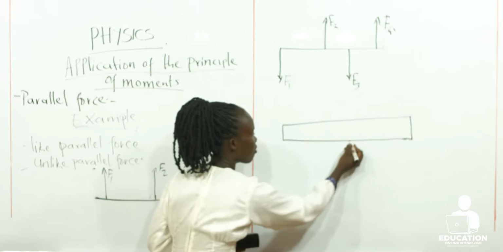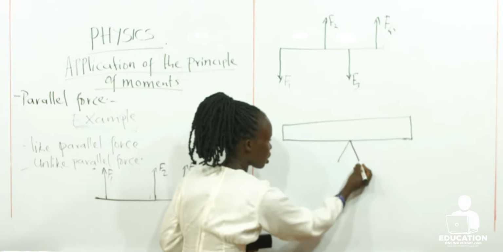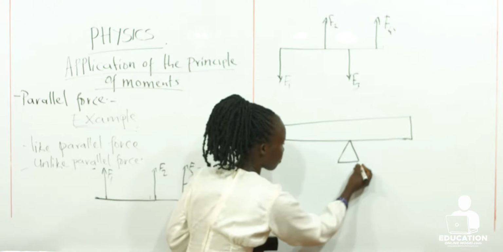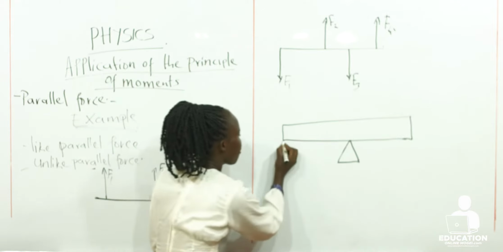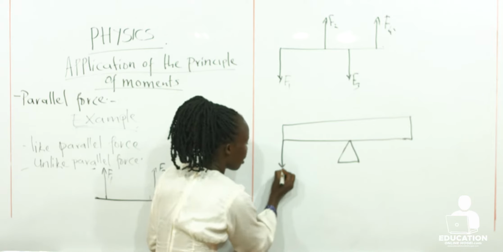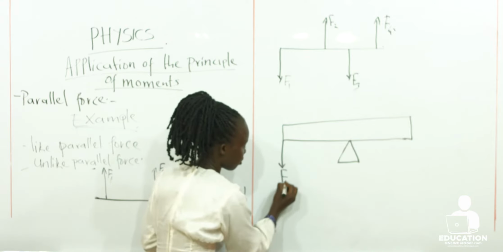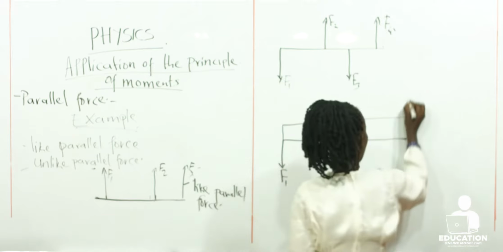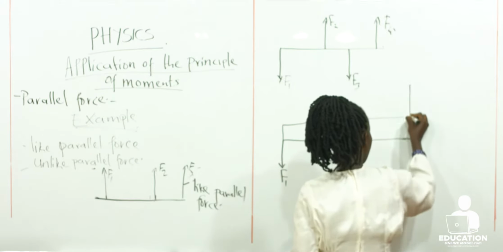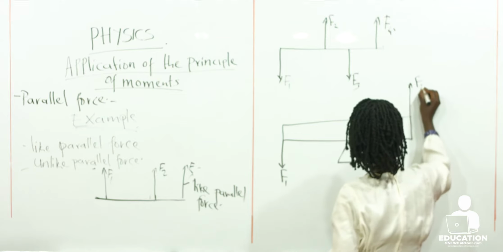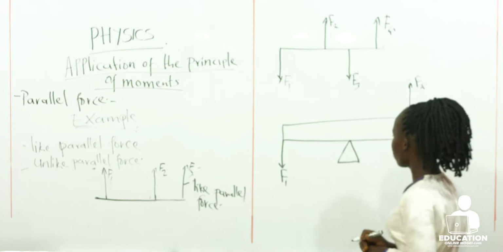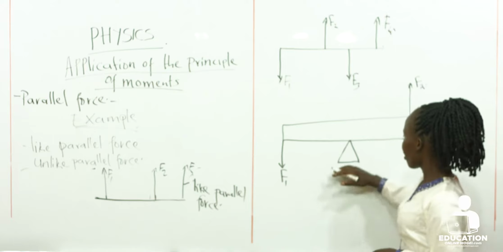Then maybe we have our pivot right here. We have a force here, let's take it as our F1, and then we have another force going there, which we take as our F2. Look at this situation.